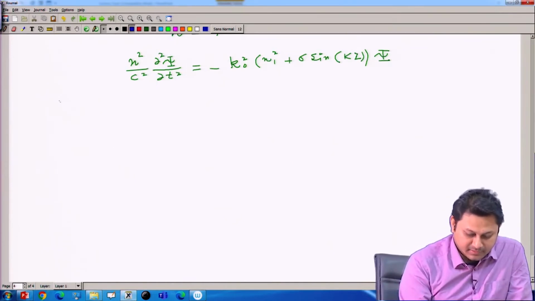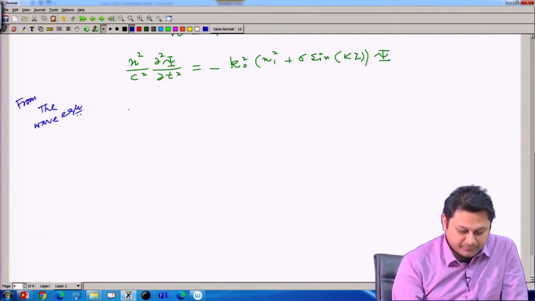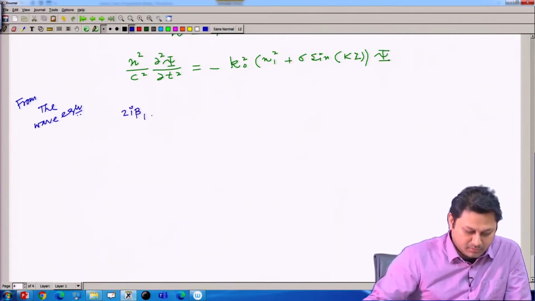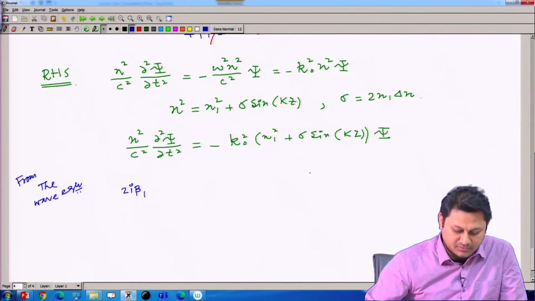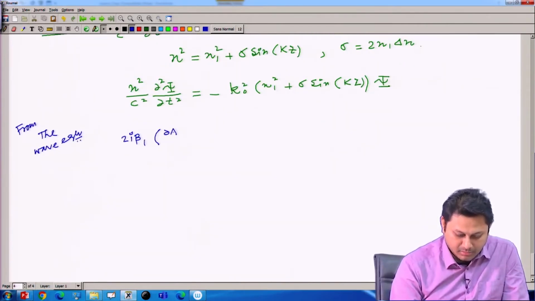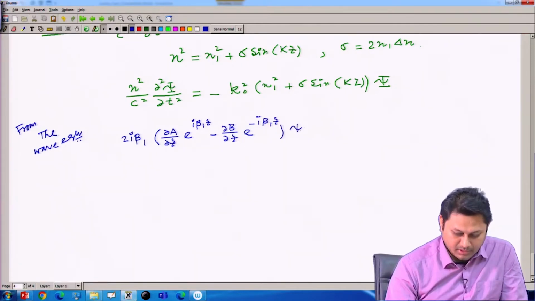So, from the wave equation we have 2i beta 1, then dA/dz e to the power of i beta 1 z minus dB/dz e to the power of minus i beta 1 z, then psi 1 e to the power of minus i omega t, then minus k 0 square n 1 square big psi.